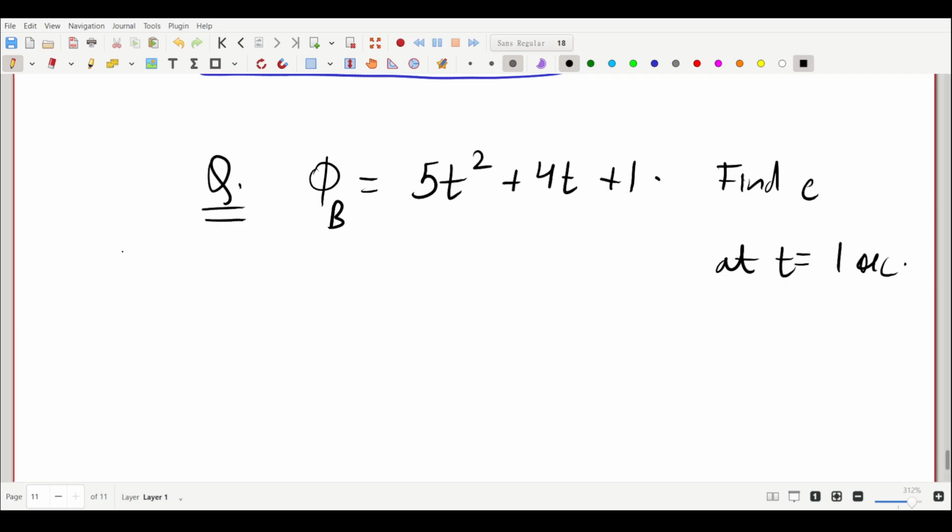It's instantaneous EMF. At t equals 1 second, it's 14 volts, because when you differentiate that, you get 10t plus 4.